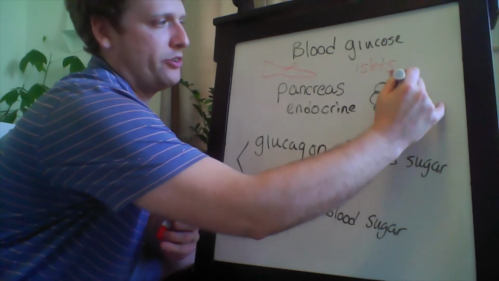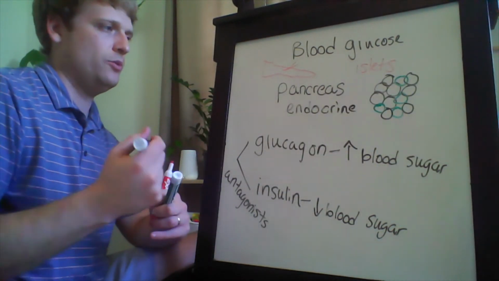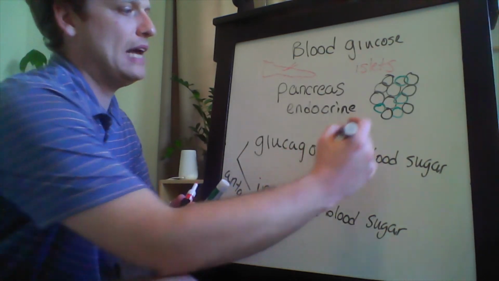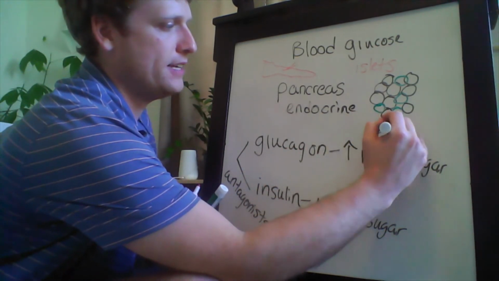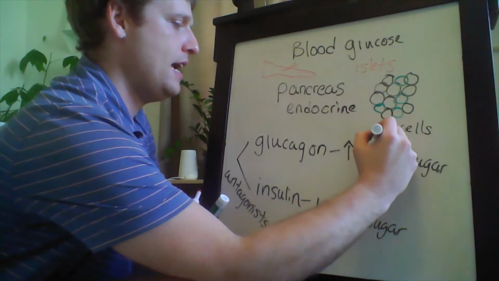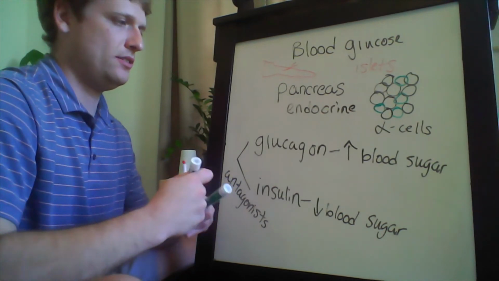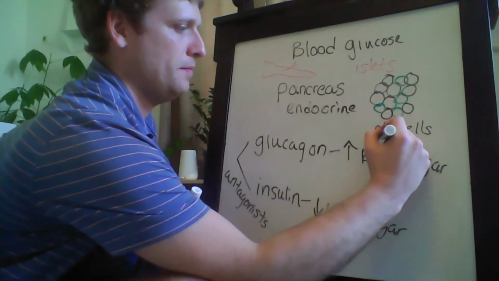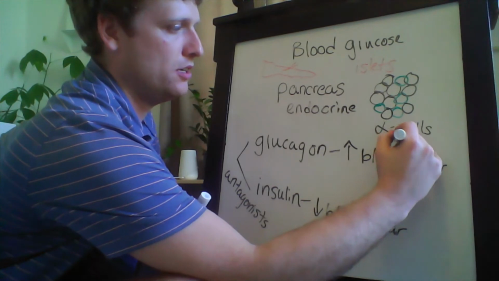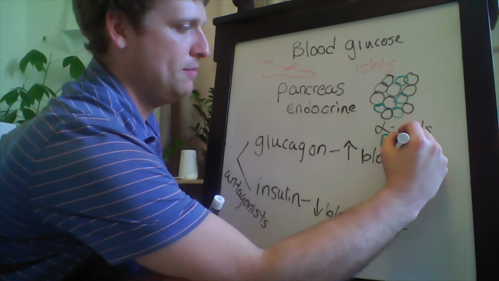So I'm drawing some green cells here and some black cells. We'll say that these black cells are called alpha cells, and the green ones are our beta cells. Those are just Greek letters, A and B basically.